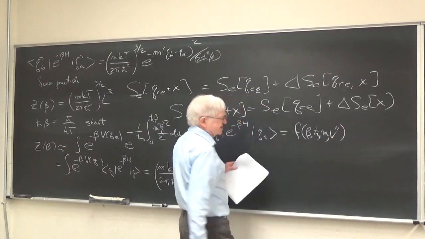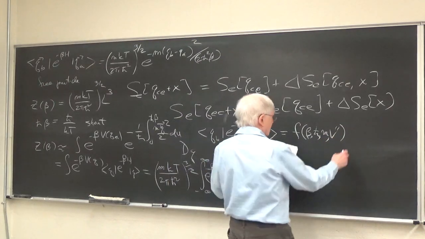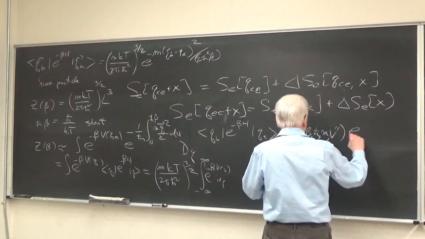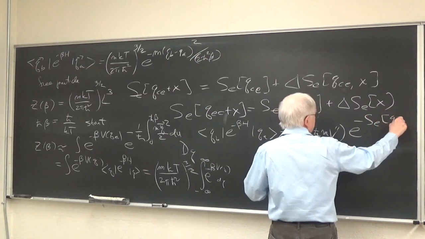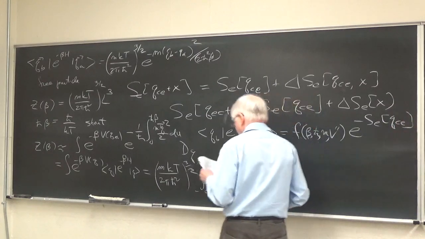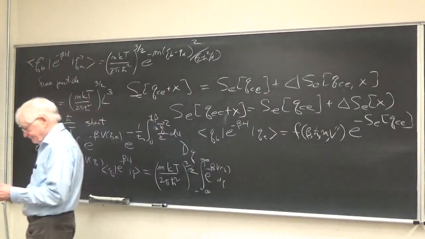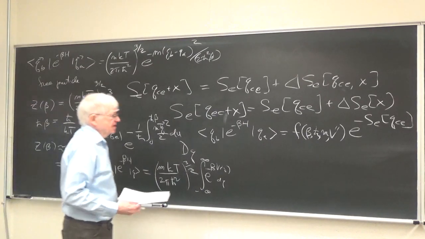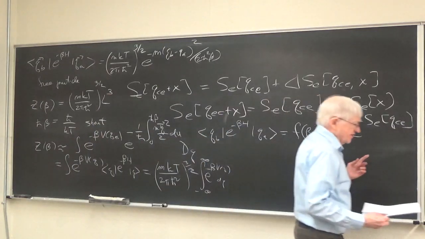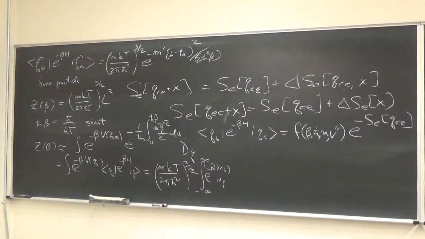B double prime, you see, is just a constant, or a set of constants: e to the minus the Euclidean action of the Euclidean classical path. And so that's a useful approximation, and in fact in quantum field theory it's also true, and that's an interesting approximation.